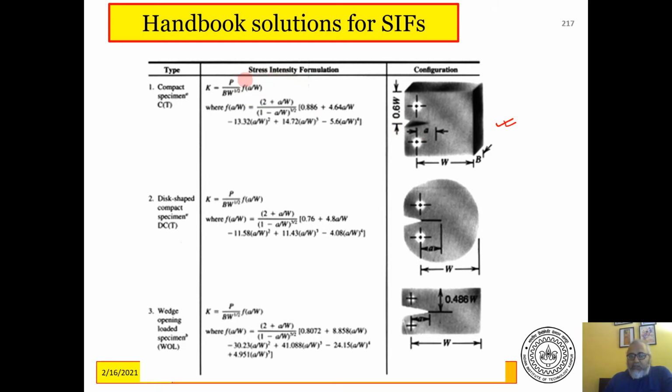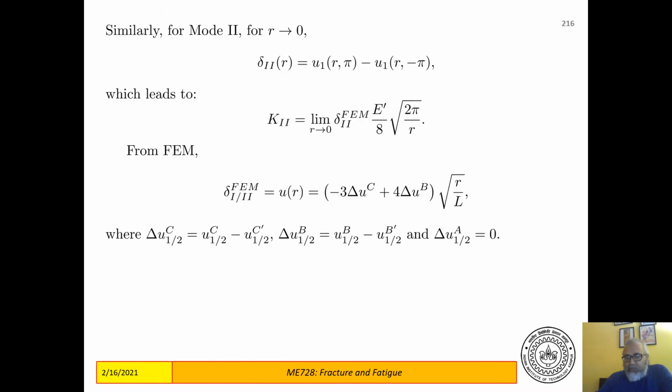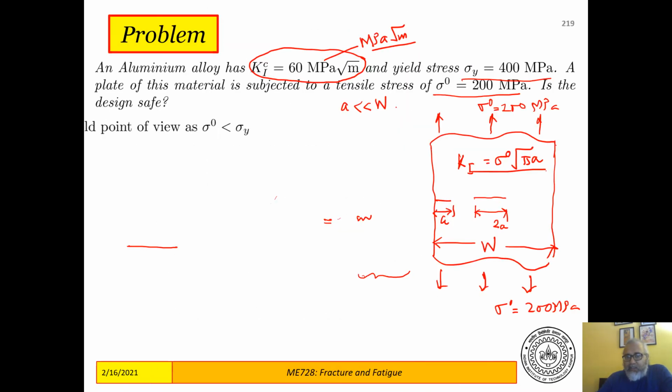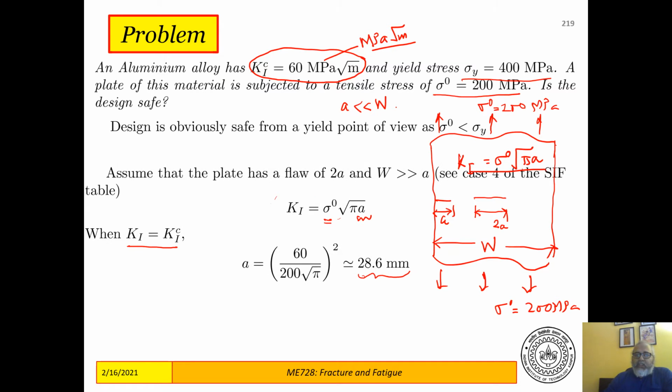So a by W tends to 0, and then this tends to something. If a by W is 0, then you have to see what this tends to, and you can again recalculate the size a that would be needed for the material to reach K1 equal to K1C, to reach the fracture toughness, for an edge crack.